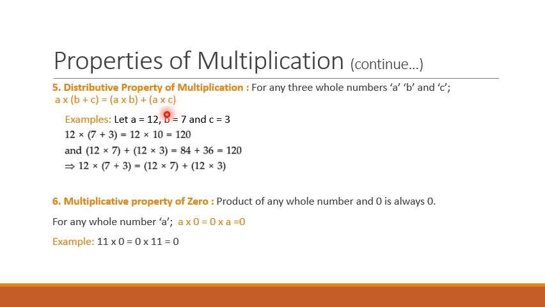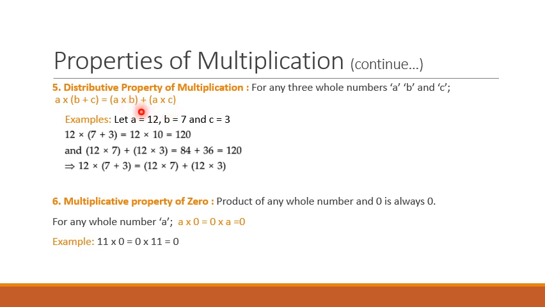So this means that multiplication is distributed over addition. If I have to multiply one number by the sum of two numbers, then it is the same as that number multiplied by the two other numbers individually and then added.